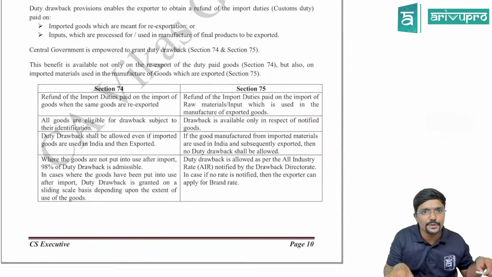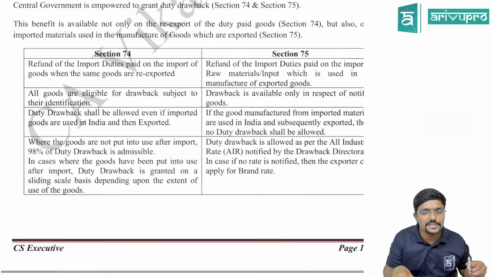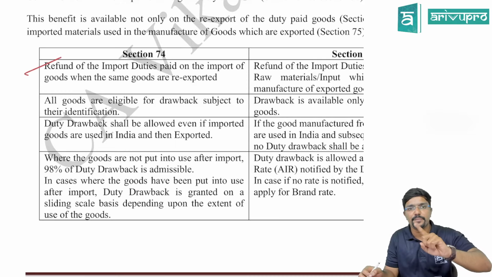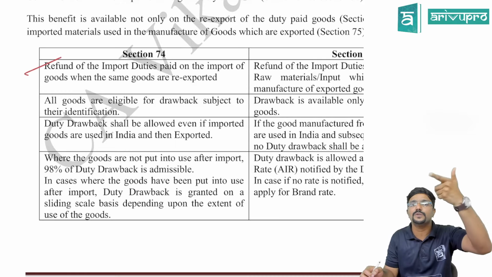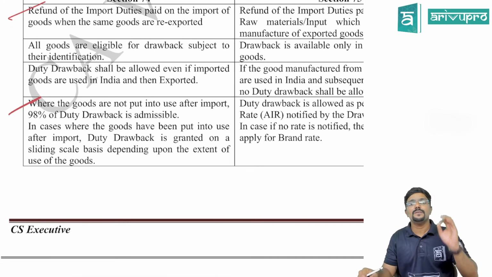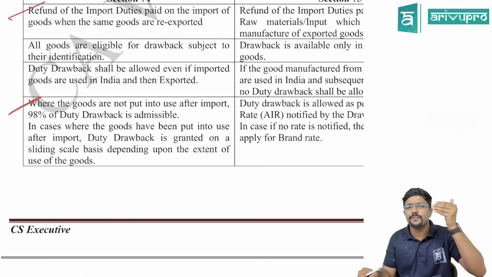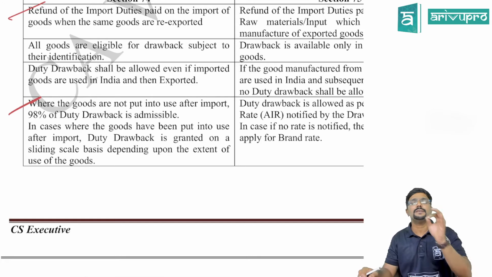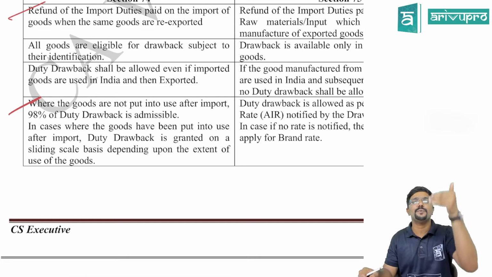Here I have given duty drawback, section 74, you can observe. This is with respect to refund of import duty paid on the import of goods when the same goods are re-exported. The duty drawback allowed when the goods are not put to use after import, that is, as soon as the import is done we are exporting it, is 98% of the import duty you have paid.